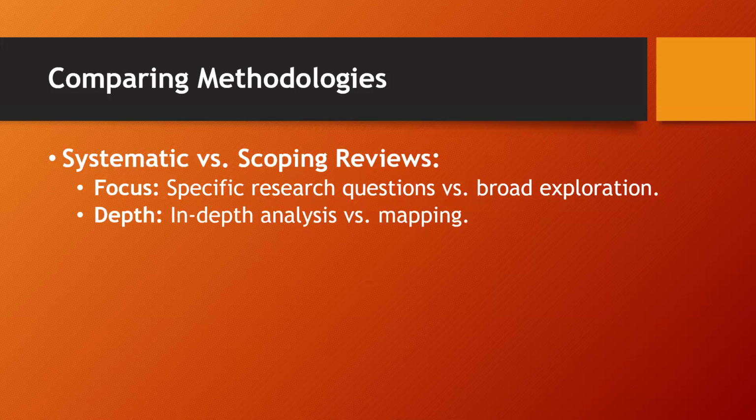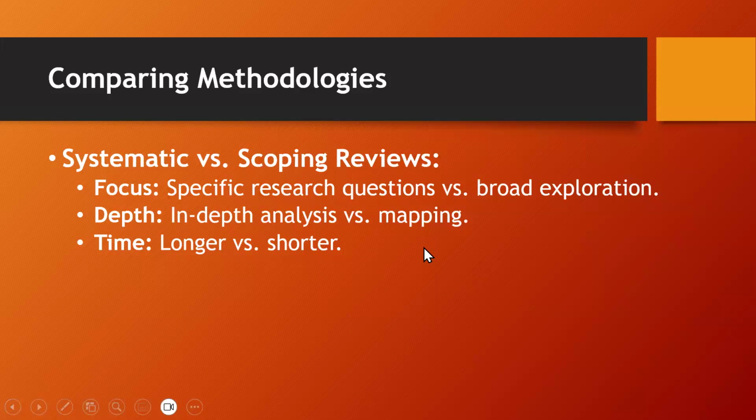Systematic review will give you an in-depth analysis of the evidence, while scoping review gives a broad overview and mapping of the available research. If you want to do a systematic review, it will take a longer time because of the comprehensive search and appraisal. And if you want to do a scoping review, then generally it is completed in a shorter time frame.